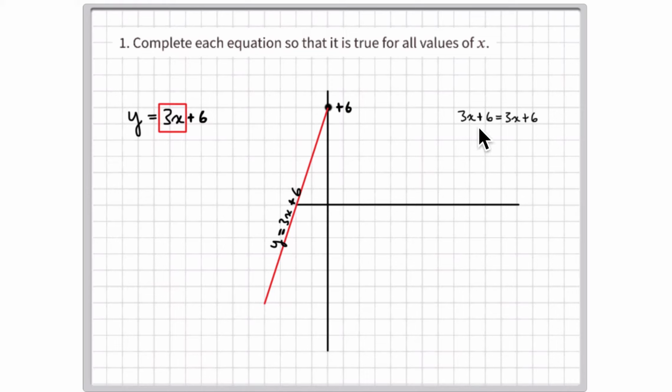So now I have an expression on the left side equal to an expression on the right side, and the graph of each equation ends up as the same line. It has a slope of 3 and a y-intercept of 6.